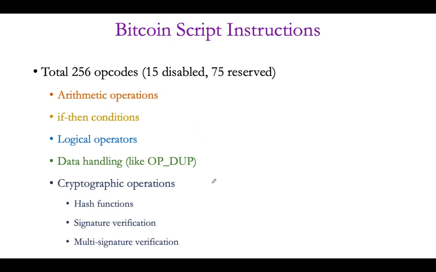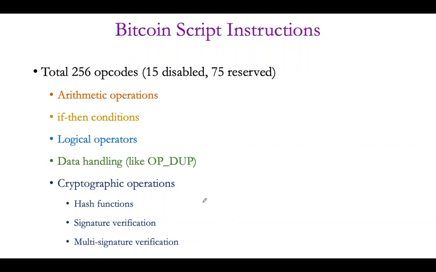And then you will have the cryptographic operations. The cryptographic operations are such as your hash functions, as we use SHA-256 and the RIPEMD-160 hash functions. Then digital signature verification and multi-signature verification, if multiple transactions are there.